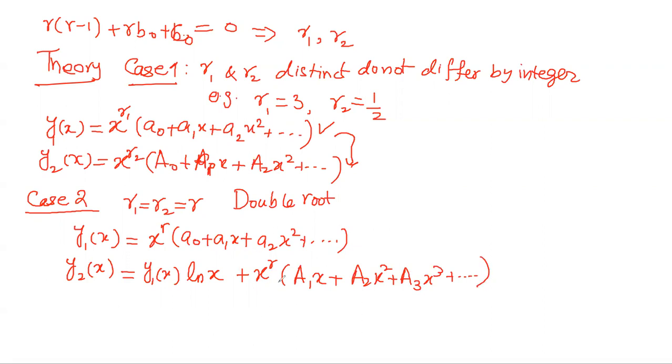Remember that in the second part there will not be a term without x. All the terms will be with x, because the term without x has been taken care of in the first part. Anyway, this is just for remembrance.